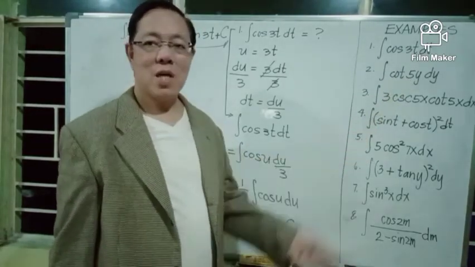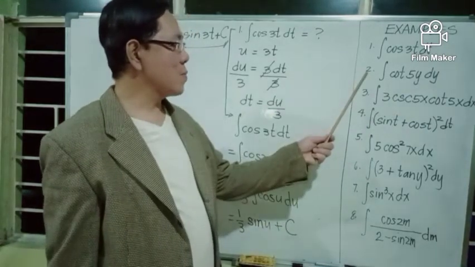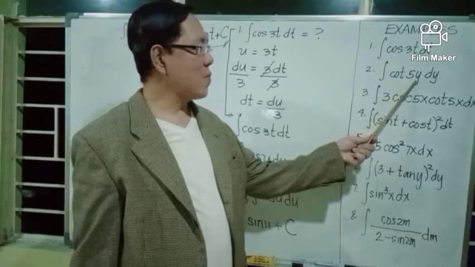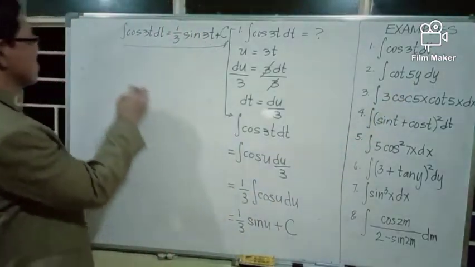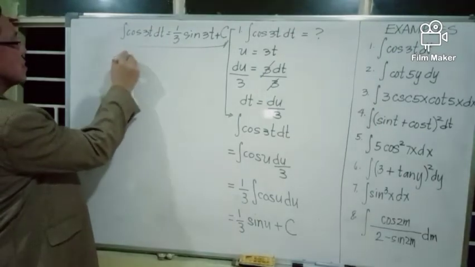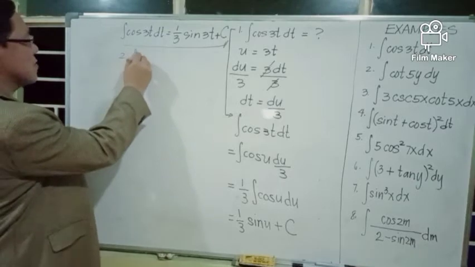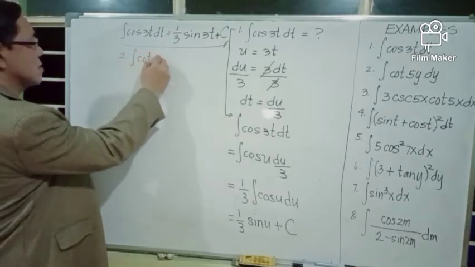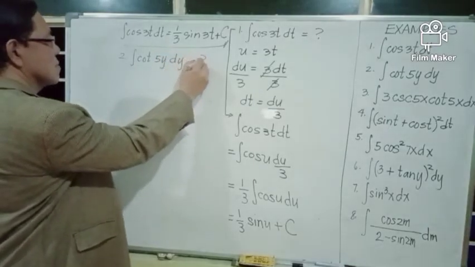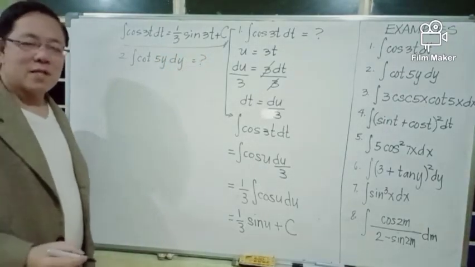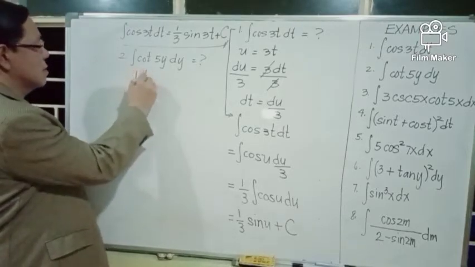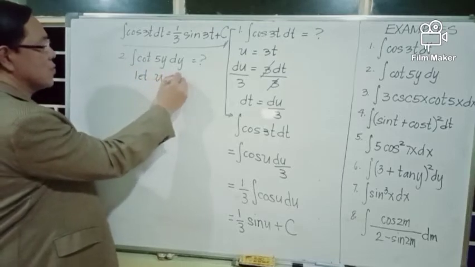So we will have a change of variable for number 2 by letting u be equal to 5y.